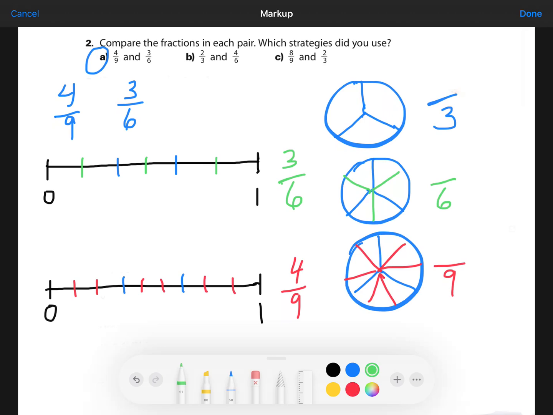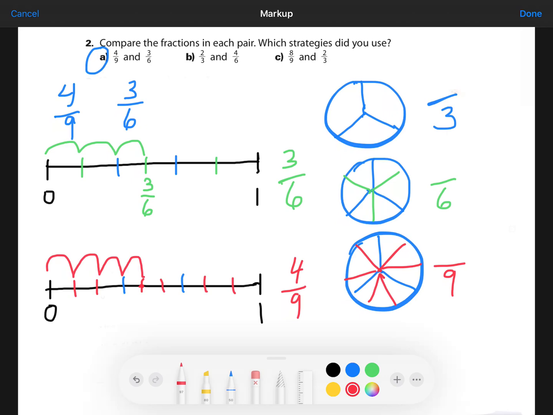Starting at 0, please always indicate to me with the little bumps where you got your number from. So I'm starting at 0 and I'm going 1, 2, 3. This is 3/6. And down here, 1, 2, 3, 4.